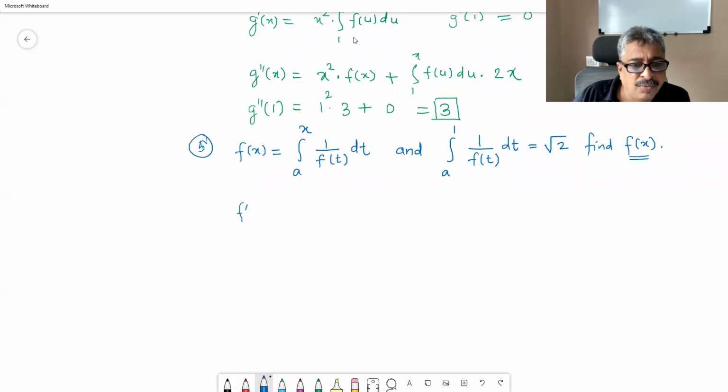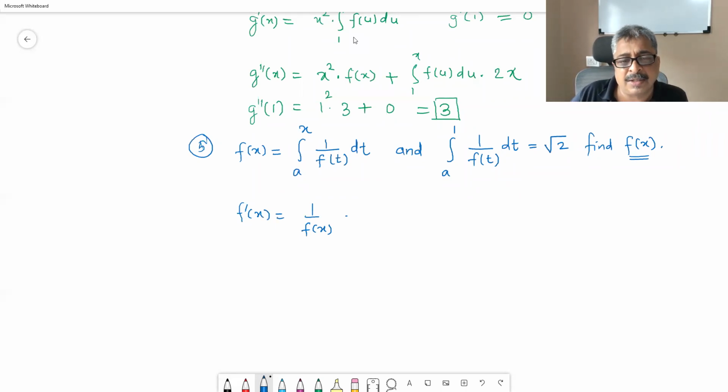F dash of x. Again, the inside part is independent of x. So the first term disappears. This is constant, so the third term disappears. Only the second term survives, which is 1 upon f of x into the derivative of x, which is 1. So f dash of x is equal to 1 upon f of x.